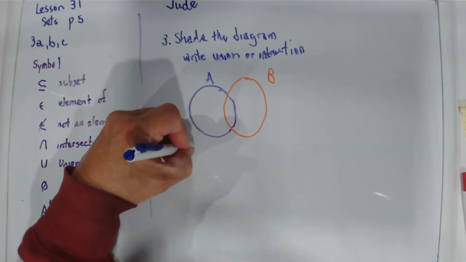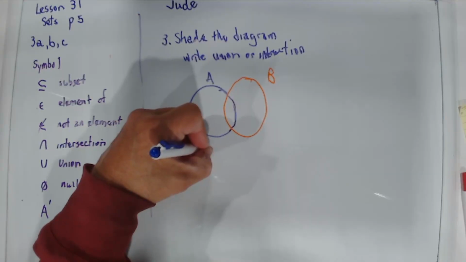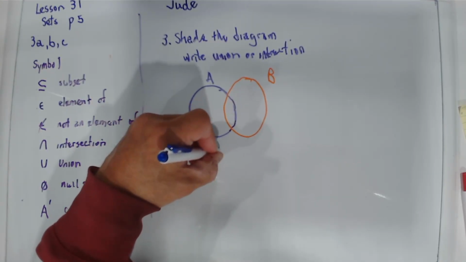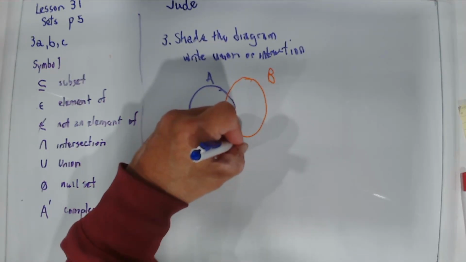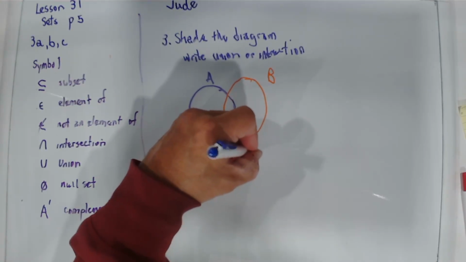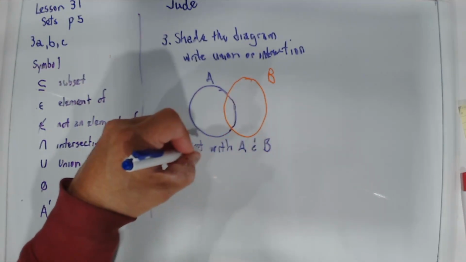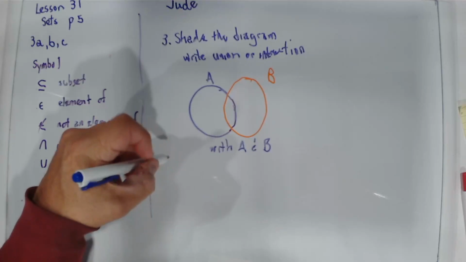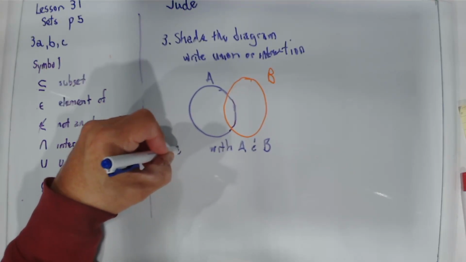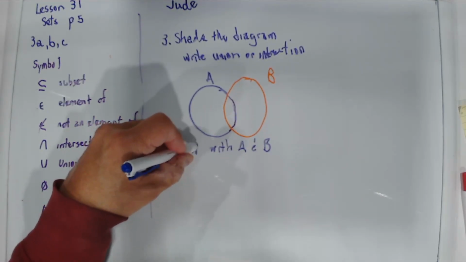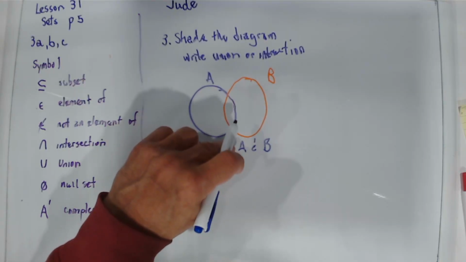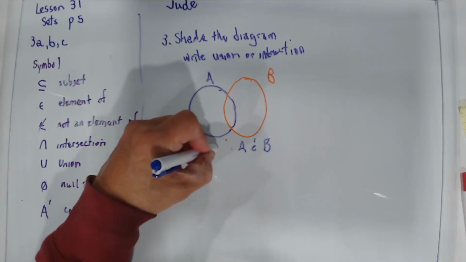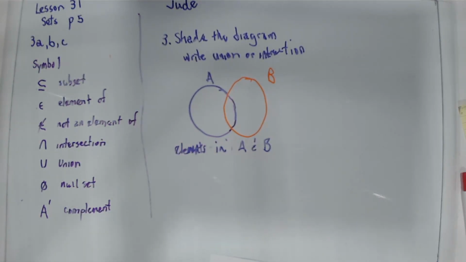So we want the set with A and B. So basically it's the elements in A and in B. So let's take a look and see what that looks like.